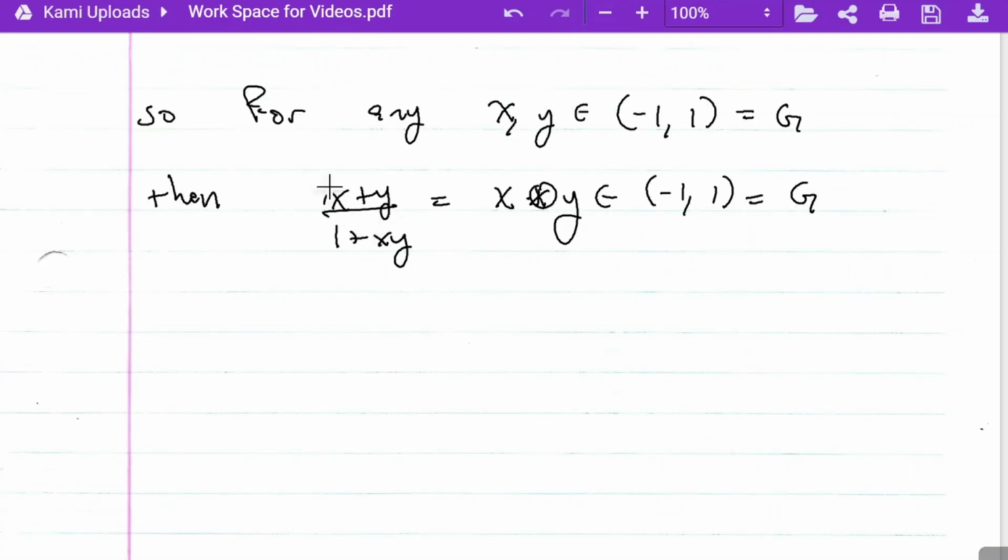This means that this right here is a binary operation for G. And in part 2, we'll prove that G is an abelian group.